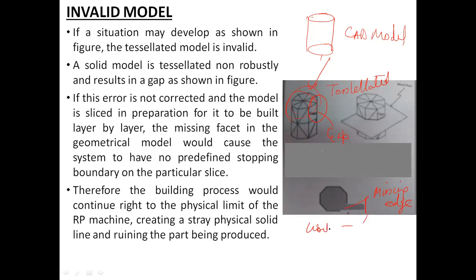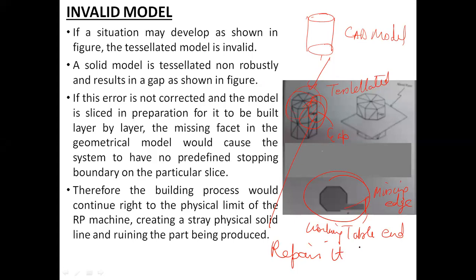So when you observe this type of situation, it basically means that your CAD model is an invalid model for the simple reason that it does not have a defined boundary. So once you observe a gap, you need to repair it using repairing software before you go even further for slicing.